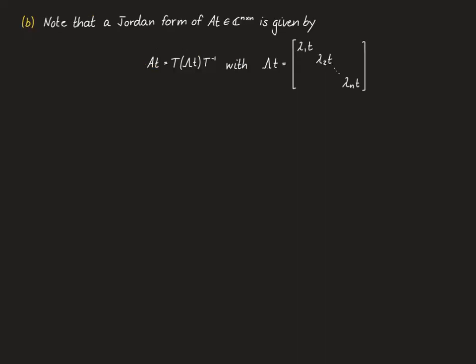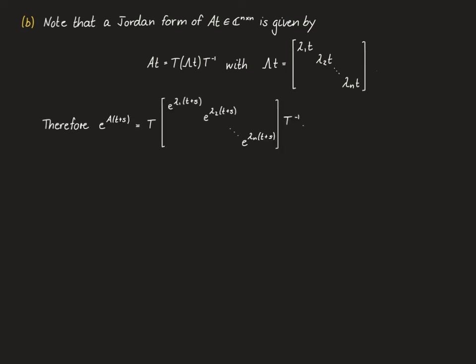For the proof of part B, first note that for the multiplication of a matrix A with a scalar t, a corresponding Jordan form can be obtained by just multiplying the matrix Lambda with the scalar t. So we have the same transformation matrices T and T inverse for the Jordan form of At, and instead of the diagonal matrix with the eigenvalues lambda 1 through lambda n of A, we now have the diagonal matrix of lambda 1 times t, lambda 2 times t, and so on down to lambda n times t.